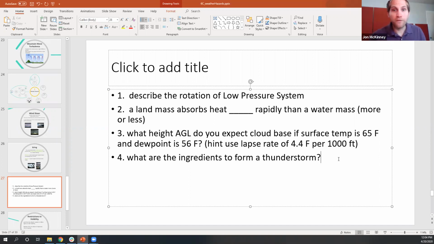All right, and one more final question for you, and this will be it. What are the stages of a thunderstorm?